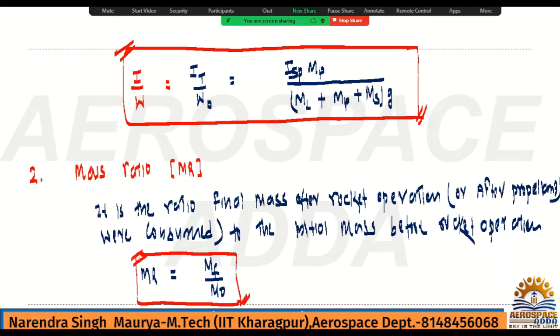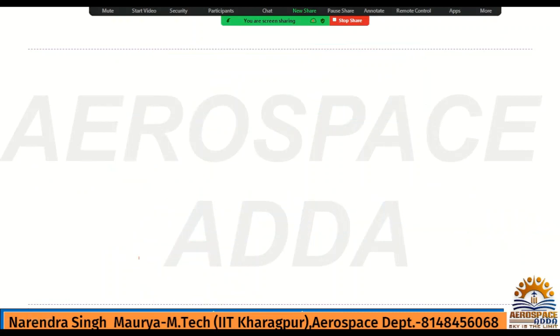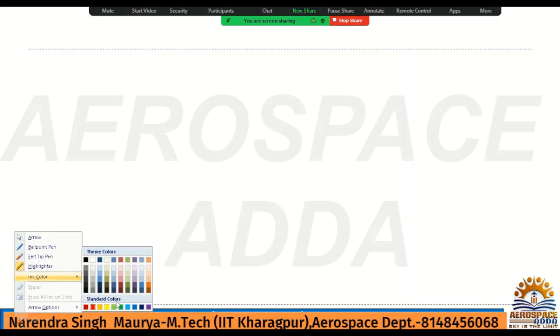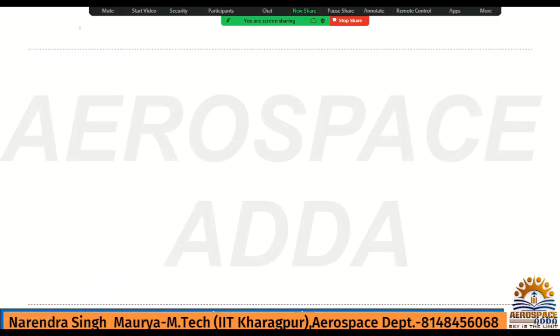This ratio is very useful, you need to remember it. Whatever ratios I am writing here, please remember them, because I will use each and every ratio in further points. So this is the second point. What is the third point? It is nothing but propellant mass fraction.